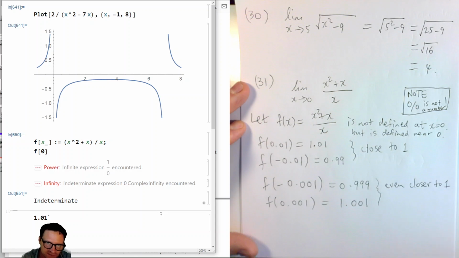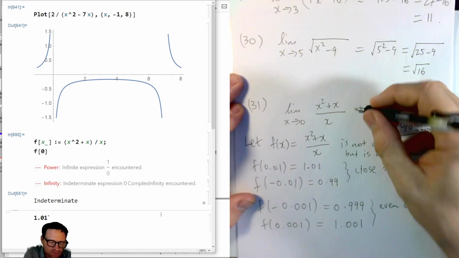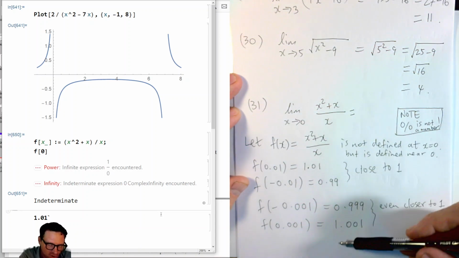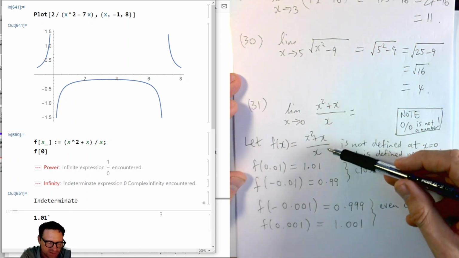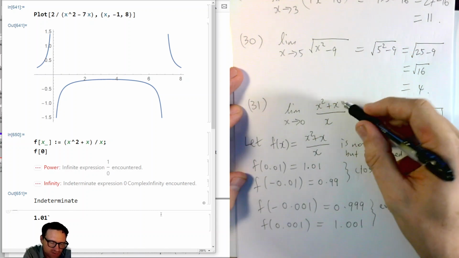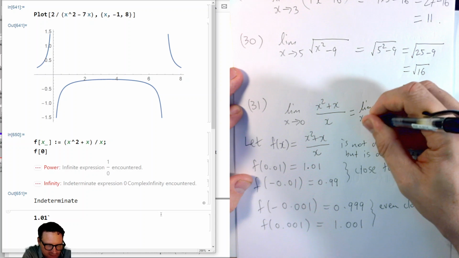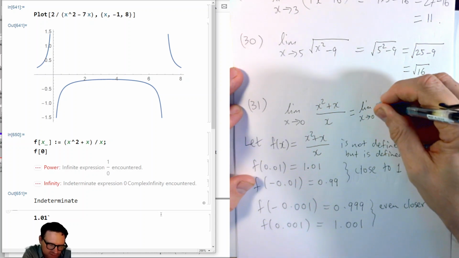But there's a special method to do this. The way we do this in practice is not by calculating approximations to the function near 0. What we do is factorize the numerator and denominator, then simplify, and then sub in once there are no problems.